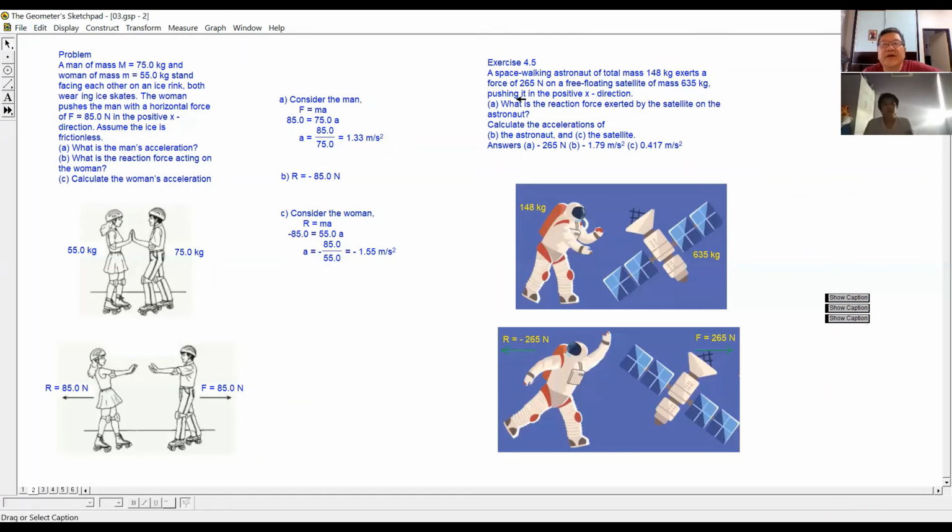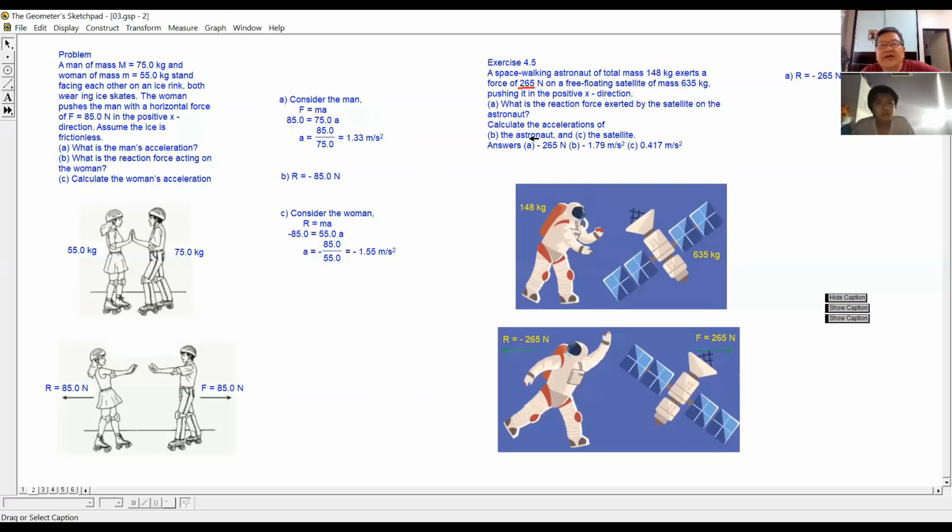The first question is, what is the reaction force exerted by the satellite on the astronaut? The man exerts a force of 265 Newton on the satellite, so the reaction will be negative 265. So if the man exerts 265 on the satellite, the satellite will exert negative 265 on the man.